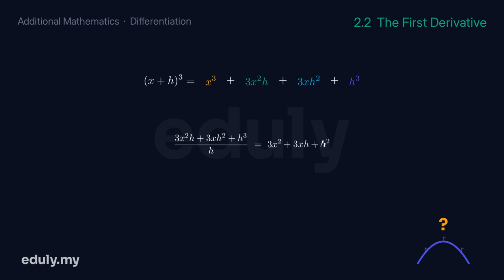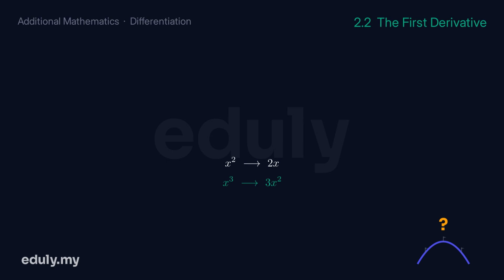What's left divides through by h, one term at a time. 3x squared plus 3xh plus h squared. And every extra term dies off except one. You land on 3x squared.